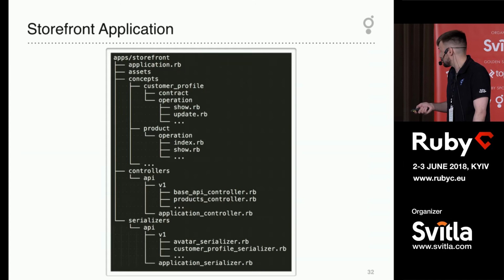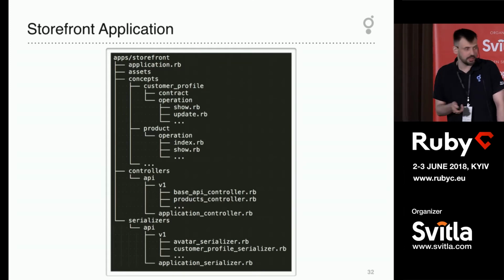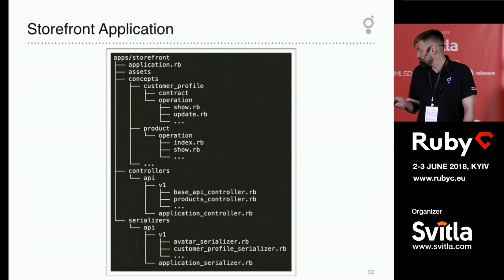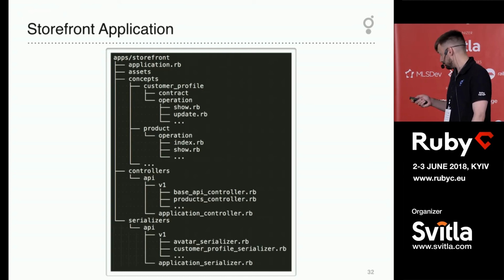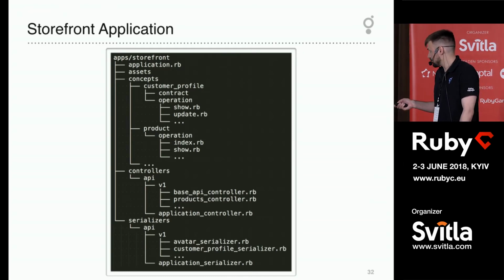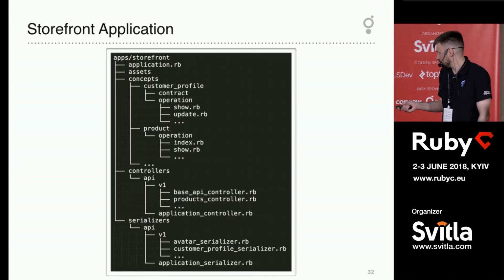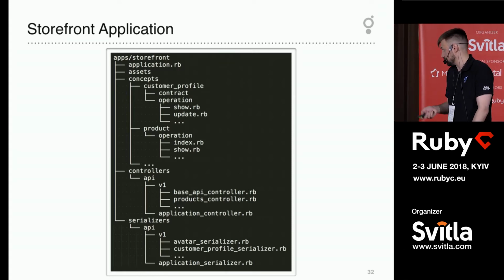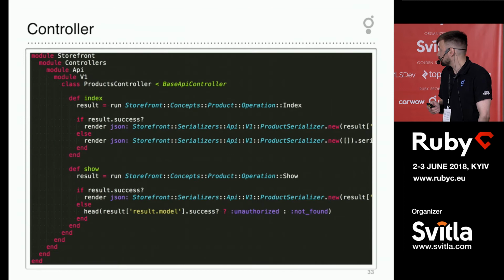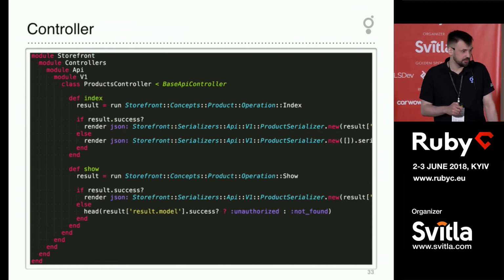We have some kind of operations, but these operations are on the level of application, not domain logic. We will see the difference. And we have a presentation implemented in our serializers. Also, all is pretty simple.